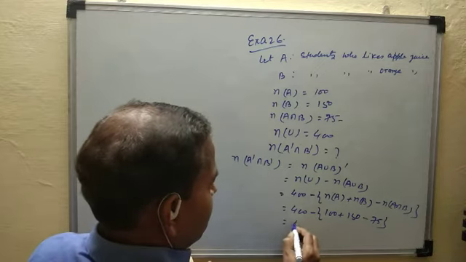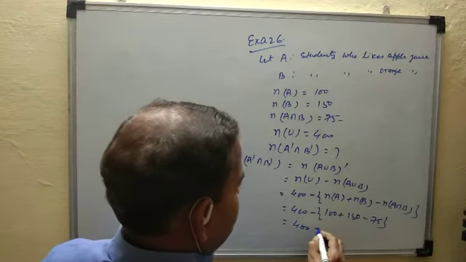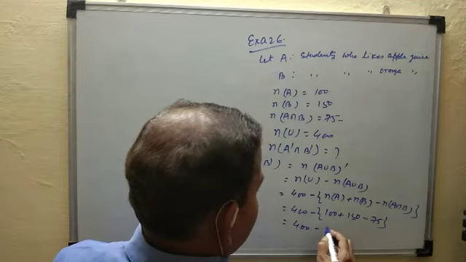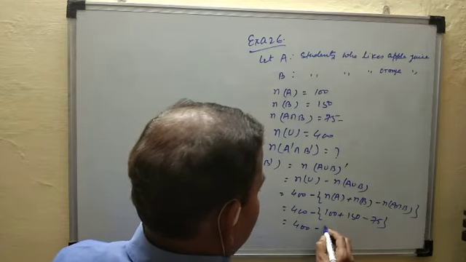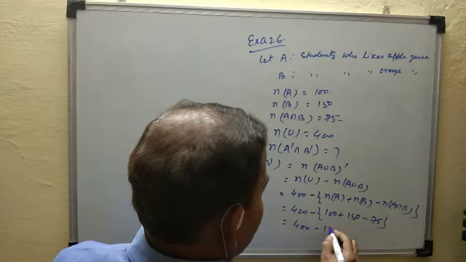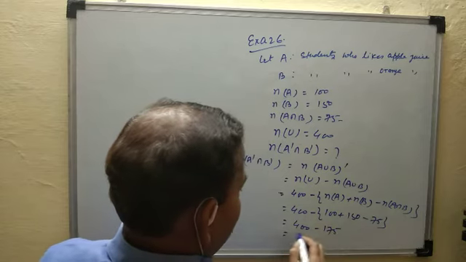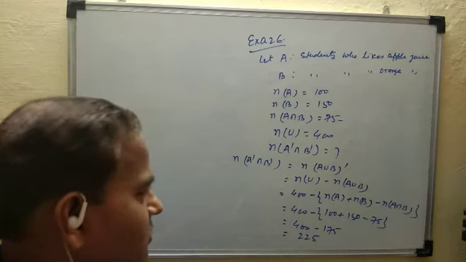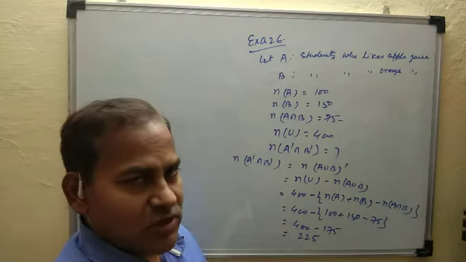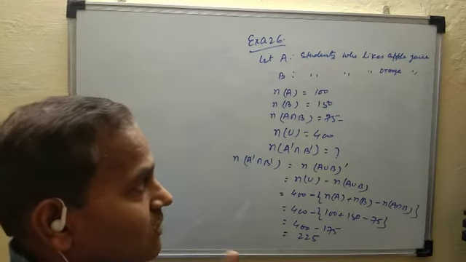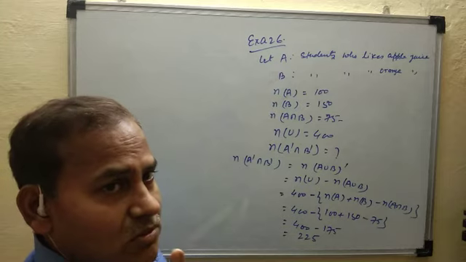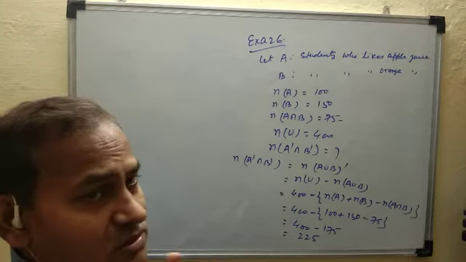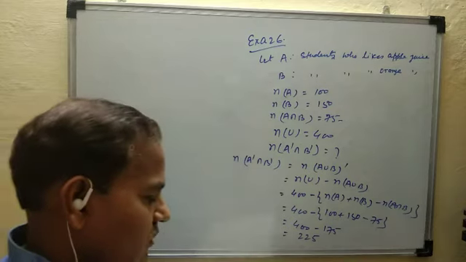Now simplify: 400 minus 250 minus 75, 250 minus 75 is 175, and 400 minus 175 is 225. So there are 225 students who like neither apple juice nor orange juice.